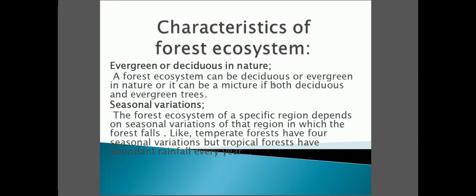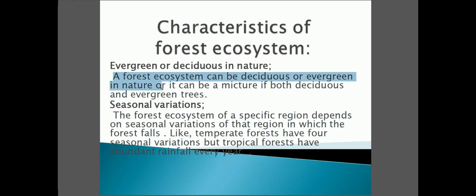Evergreen forests are forests whose trees don't shed their leaves, and they keep their leaves and shoots for the whole of their lives, while deciduous trees shed their leaves during the autumn season or their off seasons. So the forest ecosystem can be deciduous and evergreen in nature.